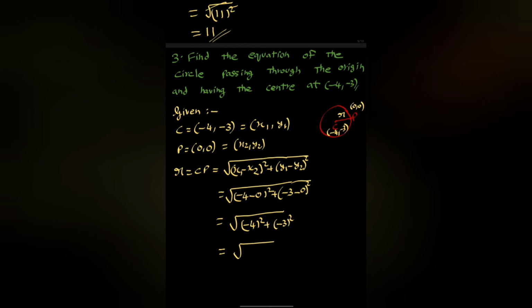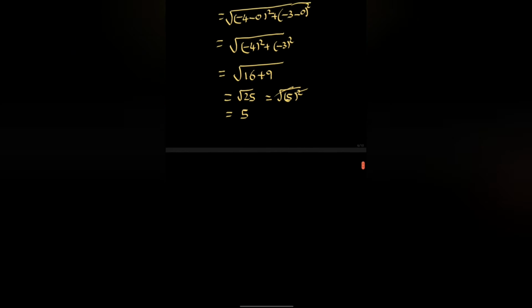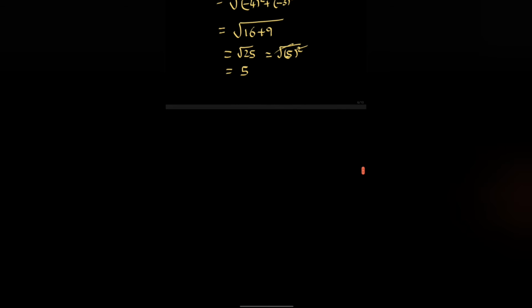So root over 16 plus 9, that is root 25, which is root 5 square, equal to 25, and root and square get cancelled, then we get R is equal to 5.